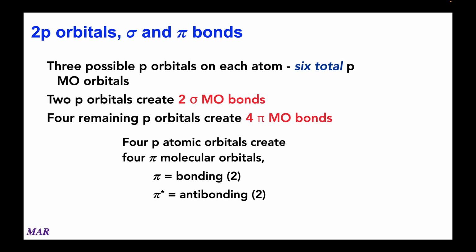That means there's going to be 6 molecular orbitals in this part. And what happens when those 6 atomic orbitals come together for the 2p, they end up making 2 sigma and 4 pi molecular orbitals. Now the sigmas, you're going to have a lower bonding sigma and a higher anti-bonding sigma, and the pi's, you're going to make 2 lower bonding pi bonds and 2 higher anti-bonding pi bonds.